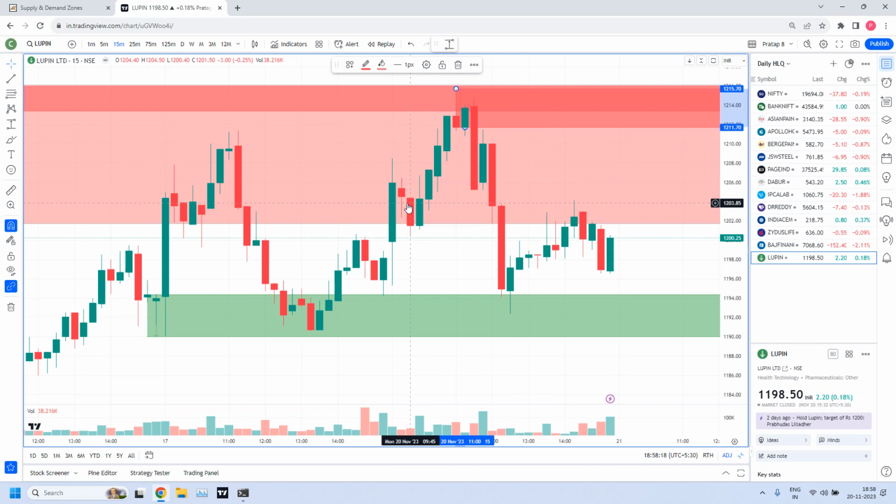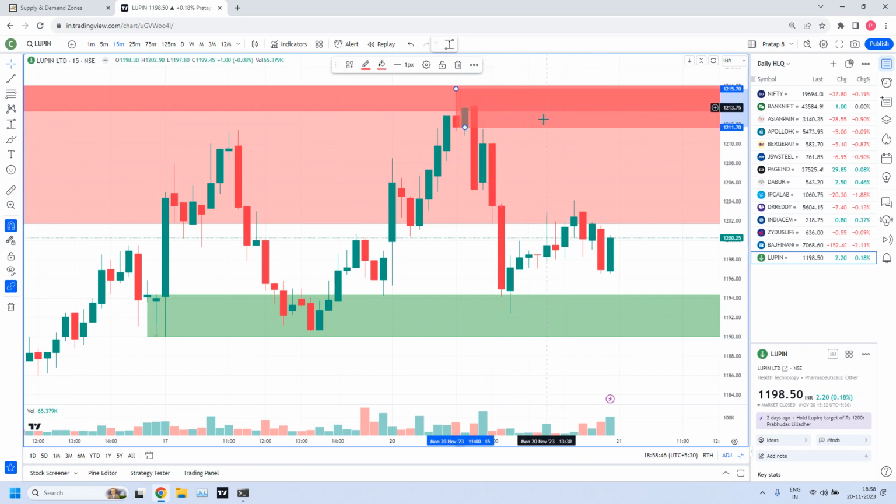We have minimized the risk, even though the overall profit margin is less, we have a good RR for Asian Paints. But we rejected because of sluggish leg out candle. But IPCL Lab, we have a good profit possibility, but RR is not at all good. Not even 1:1. Less than 1:1. That's why we rejected IPCL Lab.